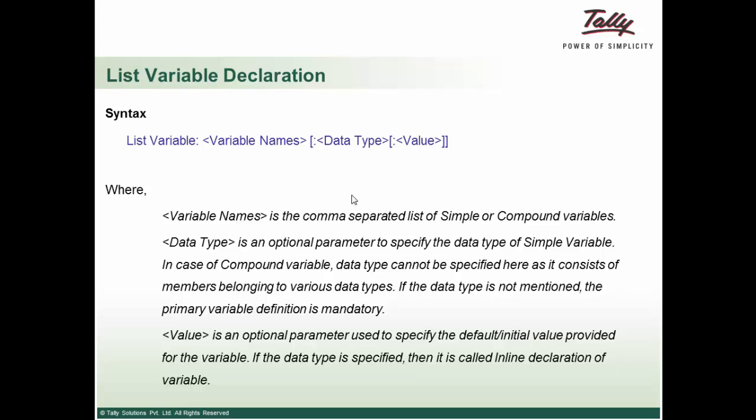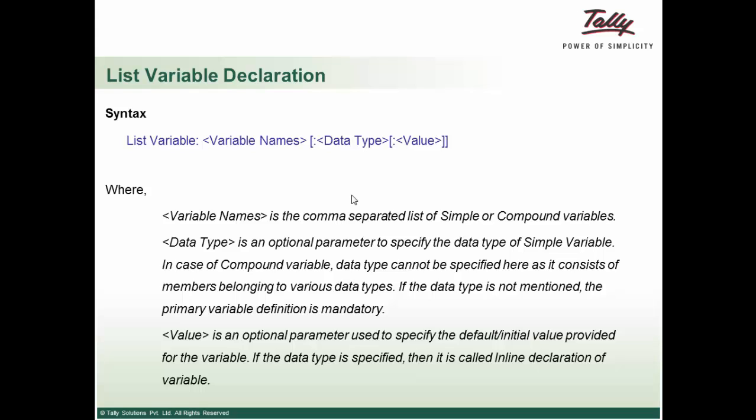It is a comma separated list of simple or compound variables. And then an optional parameter to specify the data type of a simple variable. In case of compound variable, data types cannot be mentioned here. Since data type is not mentioned, you have to provide a variable definition, and you will have to provide an entire structure to the variable framework, to this entire variable.